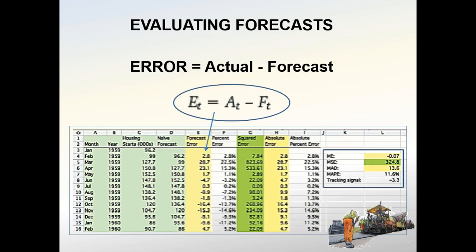In a naive forecast, the forecaster assumes that the next future value, such as the number of housing starts next month, will be the same as the most recent known value, in this case the number of housing starts observed in the current month. This forecasting technique is simulated for 690 months in the figure 4.4 spreadsheet model, and the forecast error associated with each of those months appears in column E of the spreadsheet.